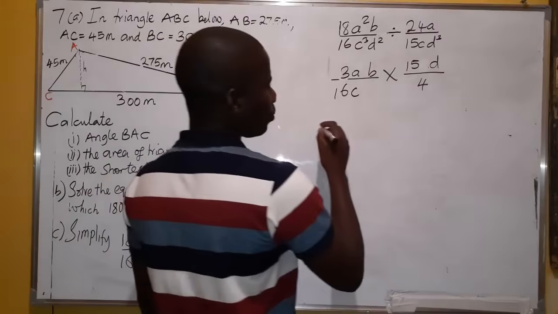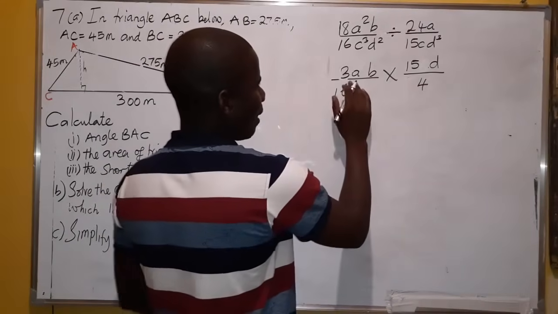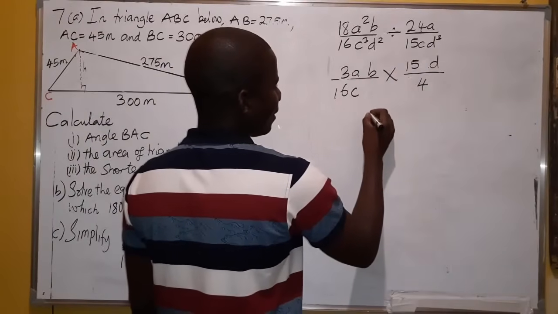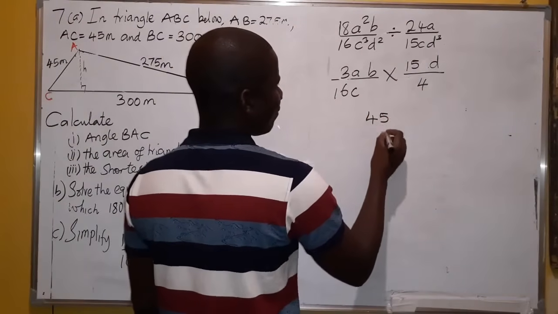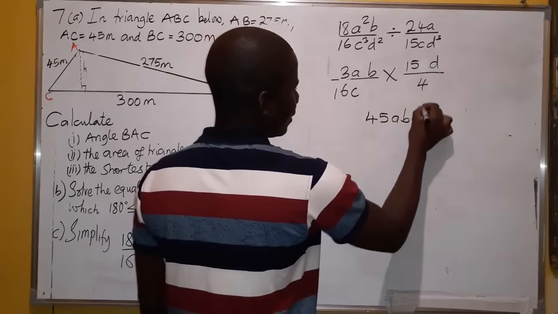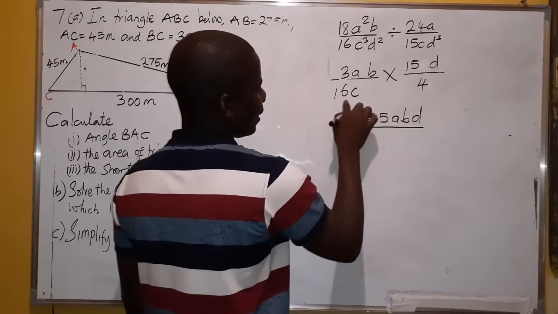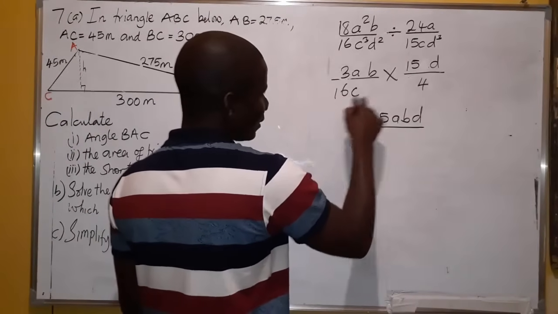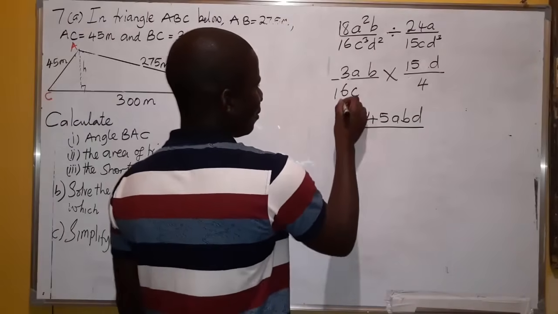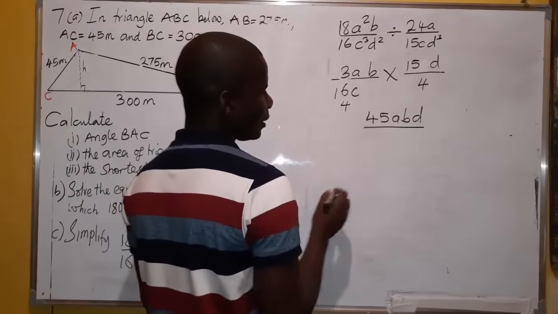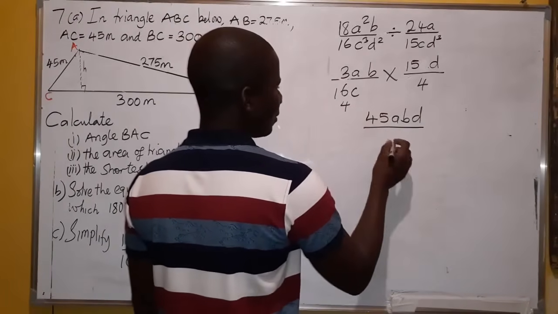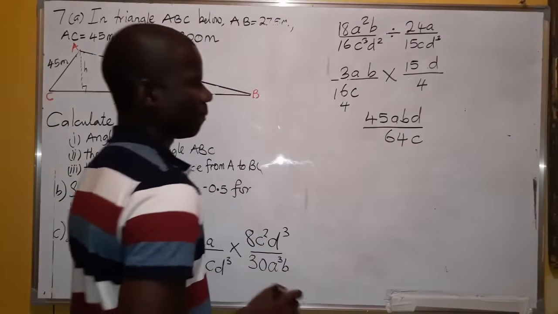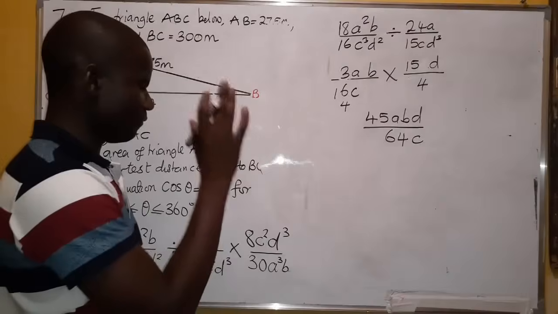Now, maybe just to make our work easier, we can multiply this one and this one. So this is going to be 3 multiplied by 15. It's giving us 45 a b d over, here we have 16 multiplied by 4. This is going to give us 64 c.